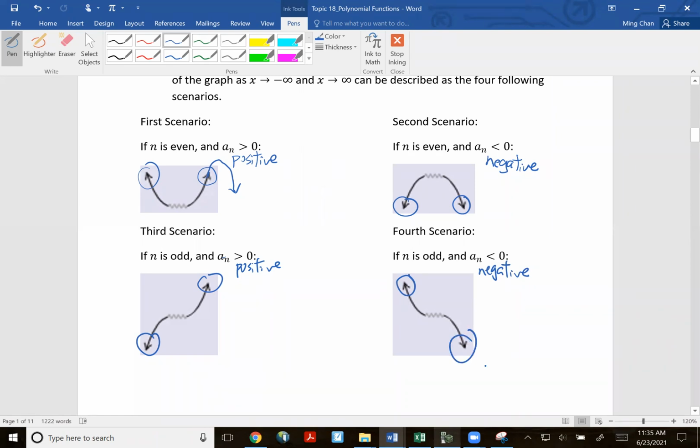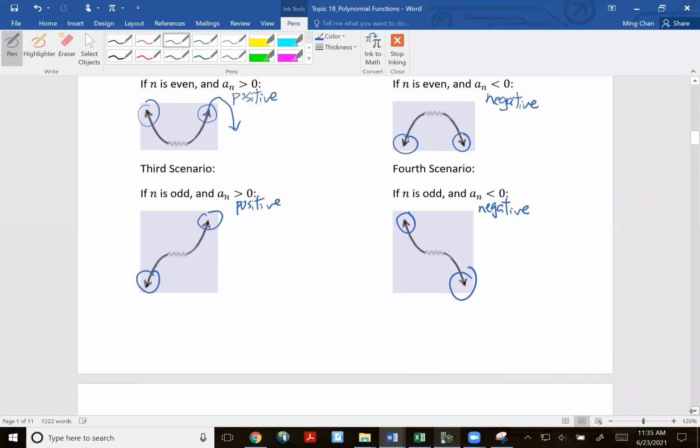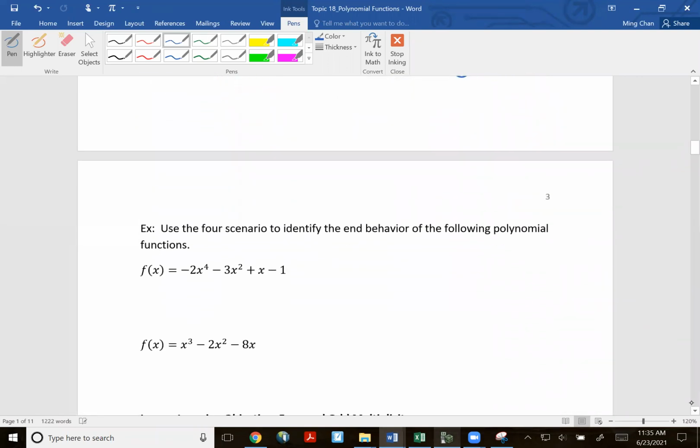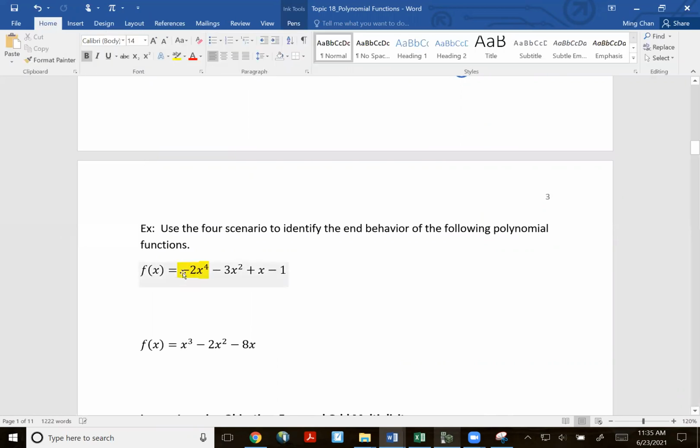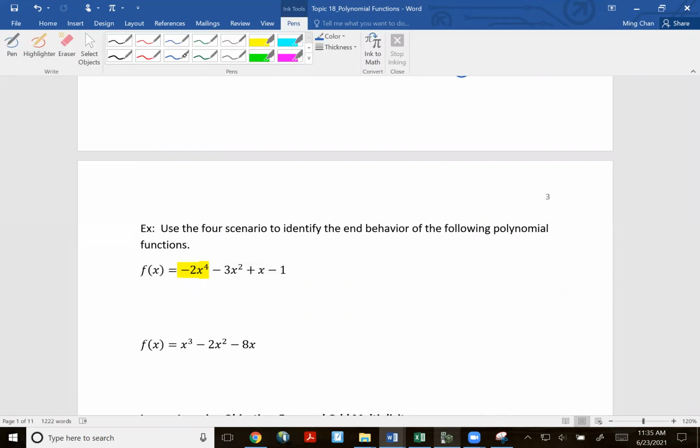All right. So with these four scenarios in mind, use the four scenarios to identify the end behavior. So I'm going to draw it. This is all going by the leading term, the degree and the leading coefficient. In this example, the degree is 4, so that's even.